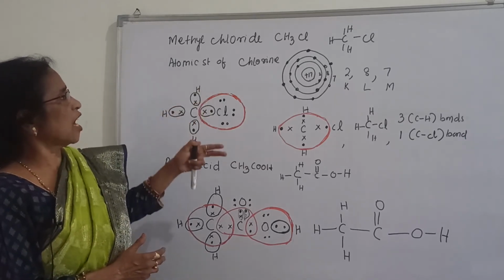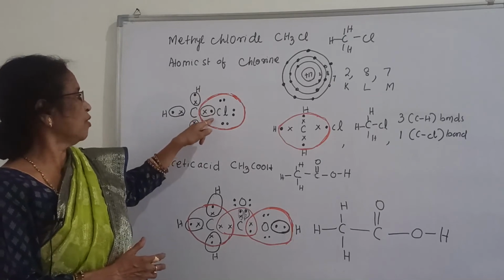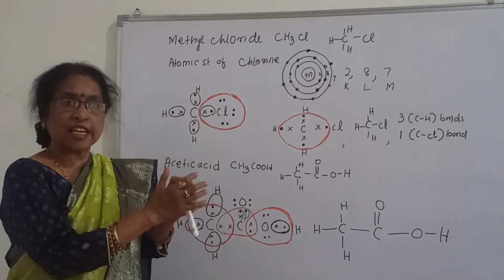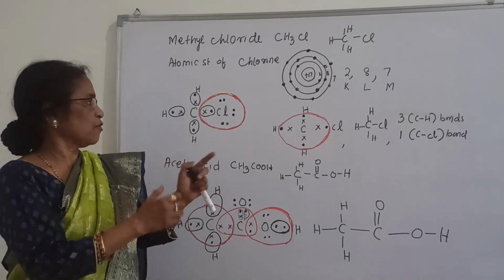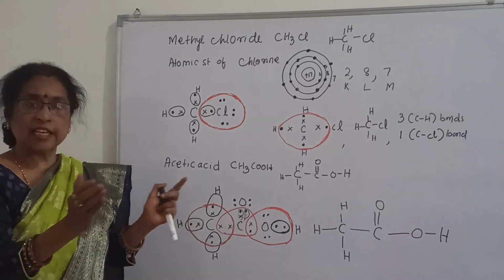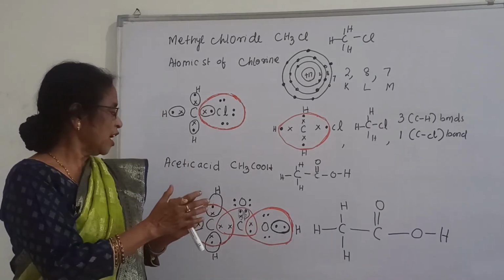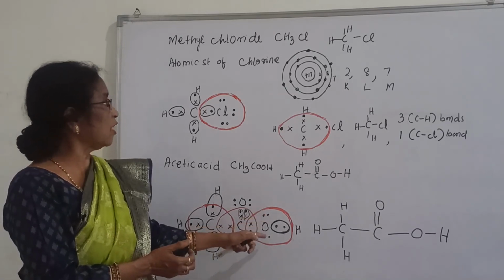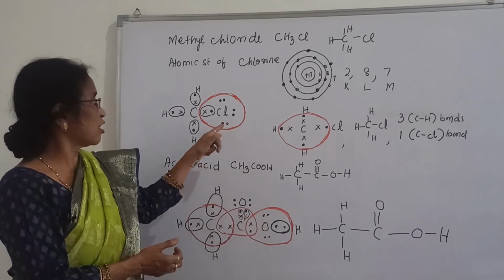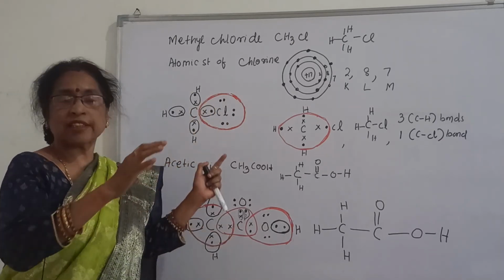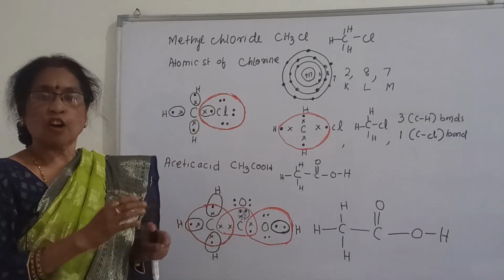Again try to understand how the bonds are formed. It is very easy: when pairing takes place, sharing, that means pairs, that forms a covalent bond. Here also everywhere you can see there is sharing of electrons, then only it forms a covalent bond. And only here I want to represent the electrons. How many electrons are there surrounding the chlorine? How many electrons are there surrounding that oxygen?